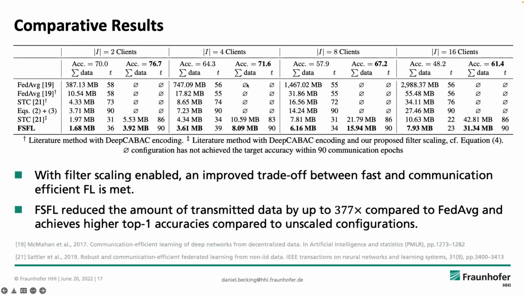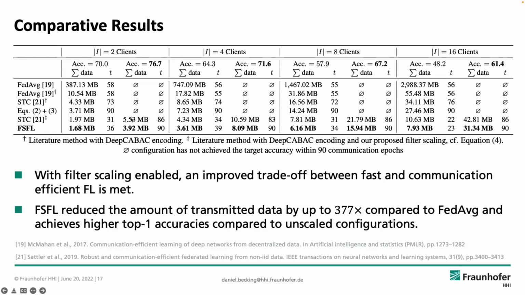Finally, some comparative results where we compared ourselves against federated averaging with DeepCABAC compression and sparse ternary compression, which is the same as federated averaging, but having only ternary weight update elements and a sparsification rate of more than 96%.